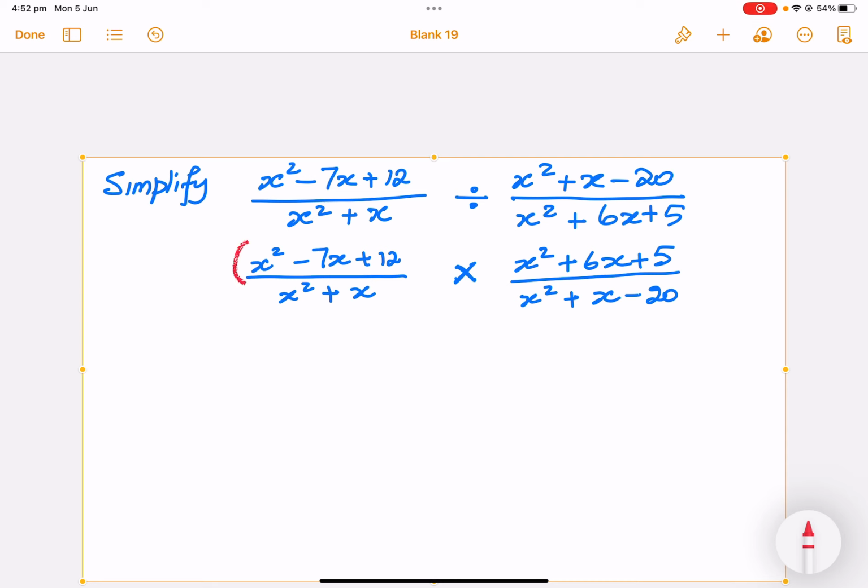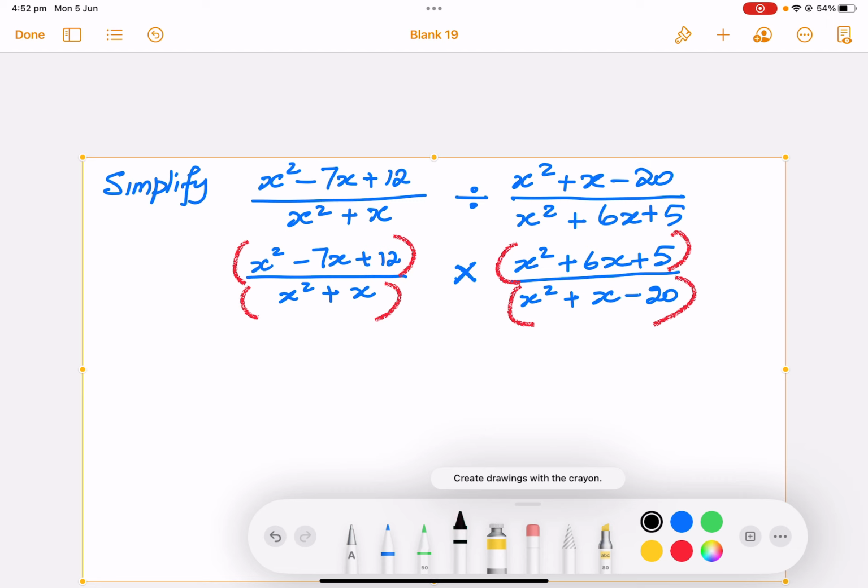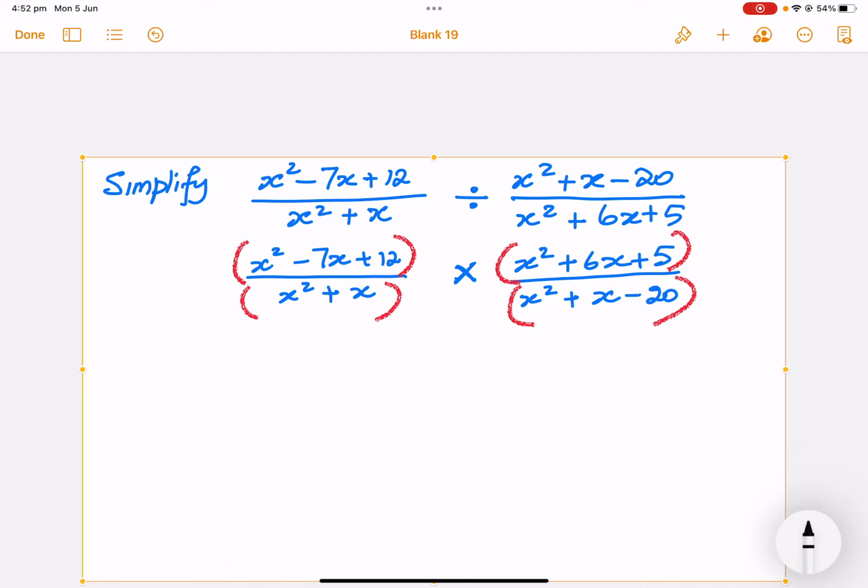What we have to do is protect the numerators and the denominators. Do not cancel anything from there and there. We can only cancel common factors, and we cannot see any factors which are the same. But if we factorize, maybe that's possible. So let's take x squared minus 7x plus 12, and let's factorize that.